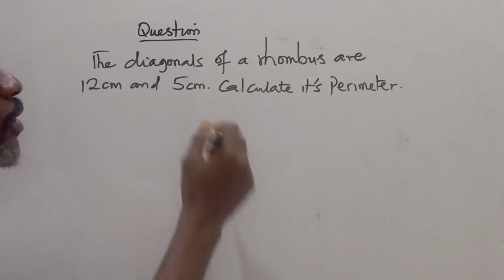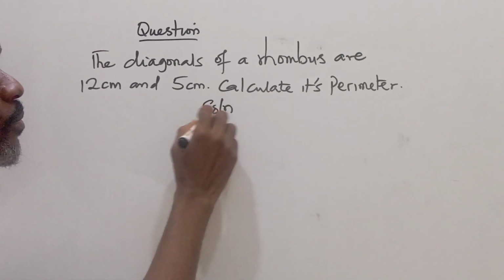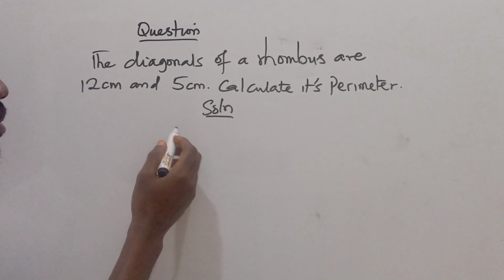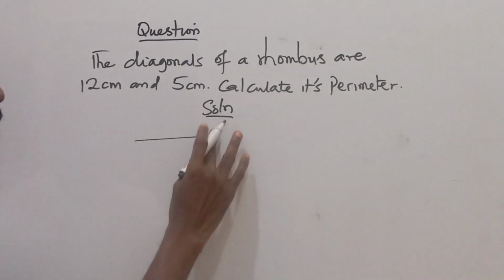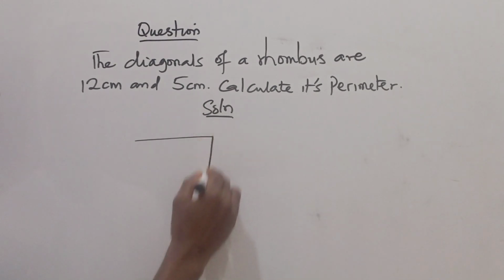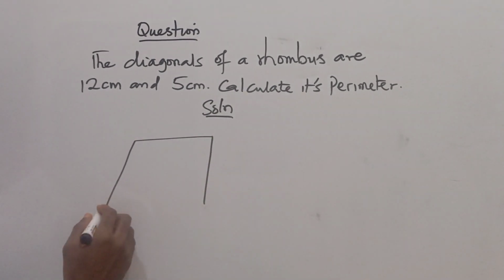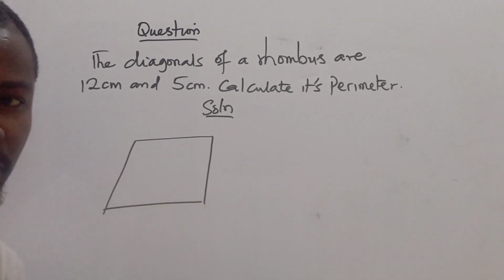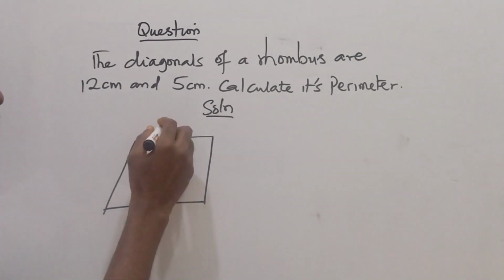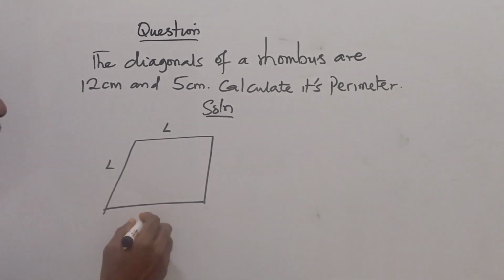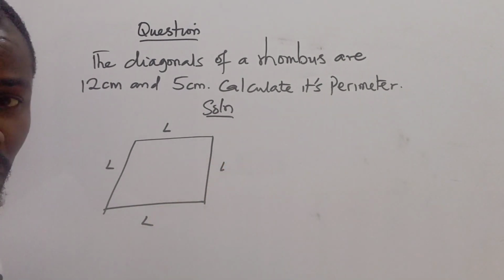So our solution. Now, a rhombus looks like this. It has equal lengths, this length, this length, this length, this length, they are all equal.